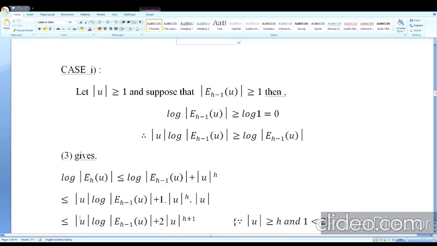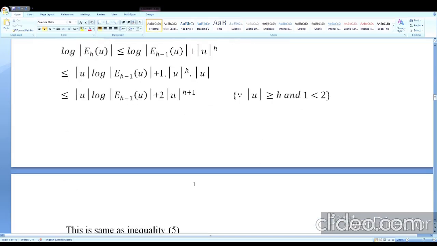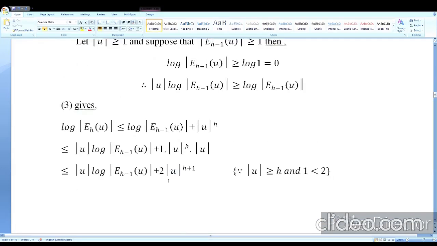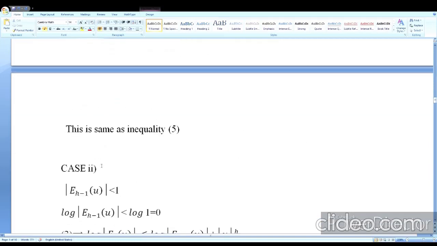It is modulus of u into log E_(h minus 1) of u. Instead of 1 we can write 2, because we use less than or equal to symbol, modulus of u power h plus 1. Now this is same as inequality 5. So inequality 5 is true for modulus of u greater than or equal to 1.